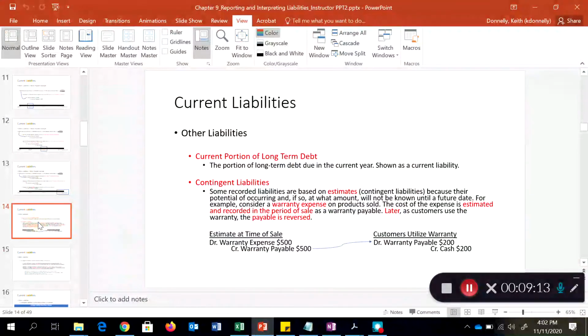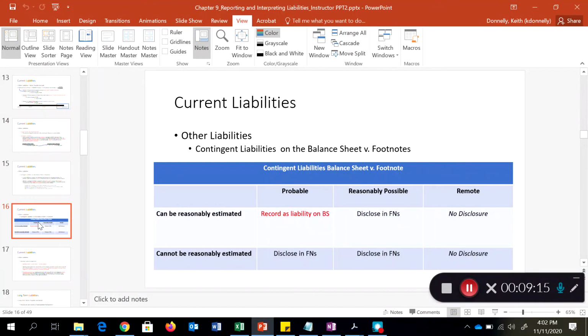Well, if we look at our little chart here, we know the only time that we report it on the balance sheet, right, is if it's probable and estimable. In this case, we said it's possible and it's estimable, right?